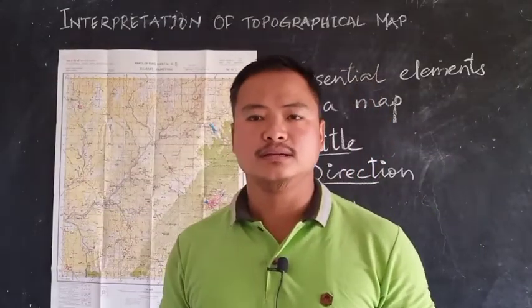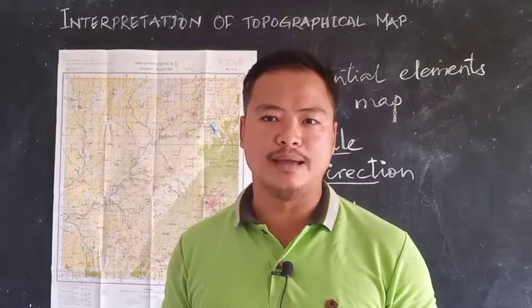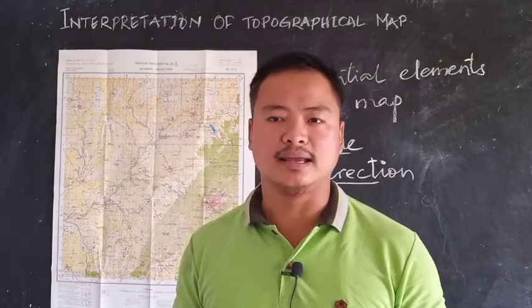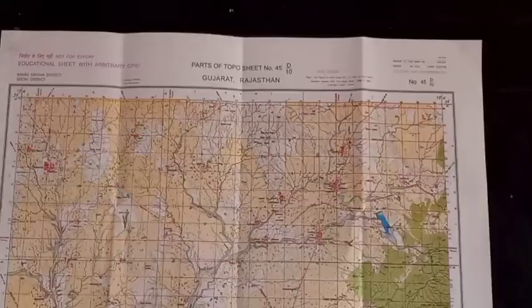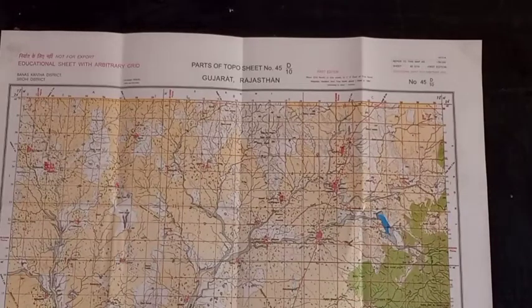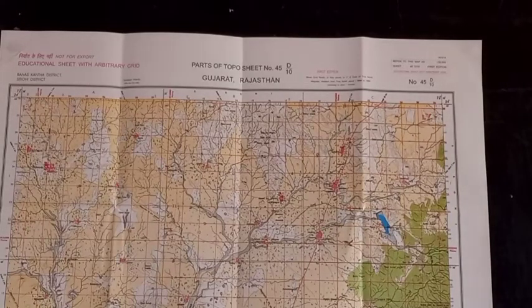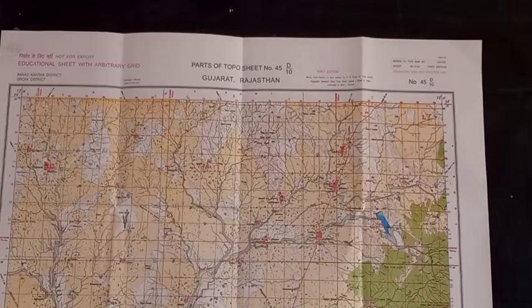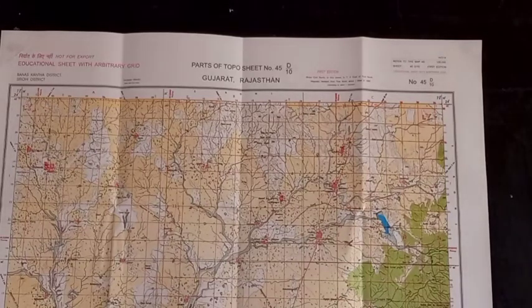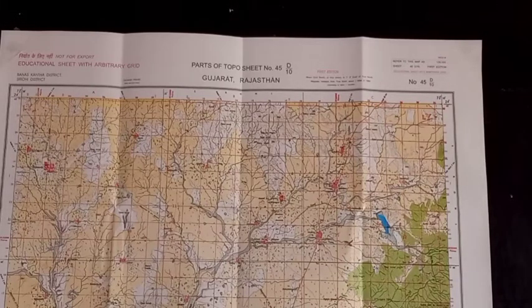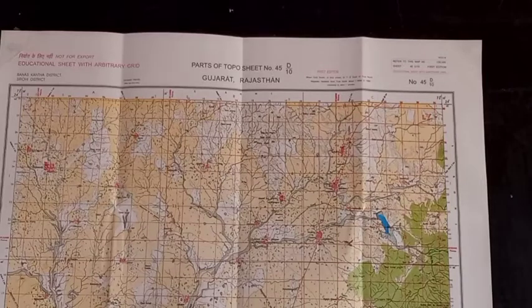Now let us move on to the topographical map and understand it and its uses. In our syllabus, we have two topographical maps to do. One numbered as 45D by 10 and the other one as 45D by 7.